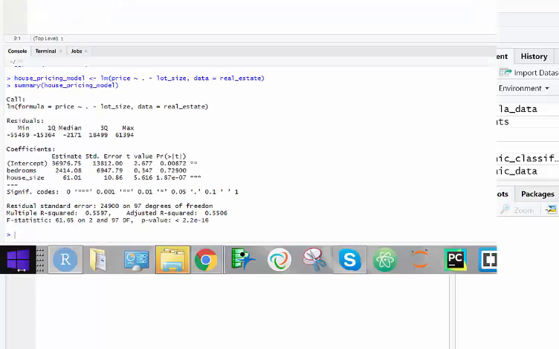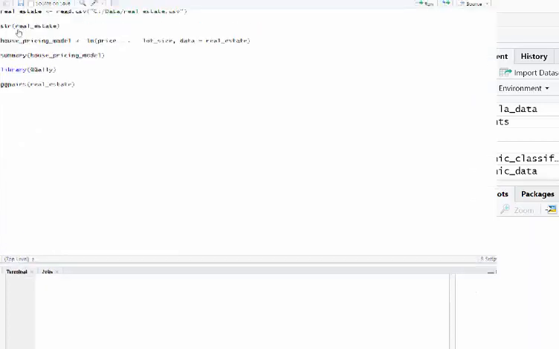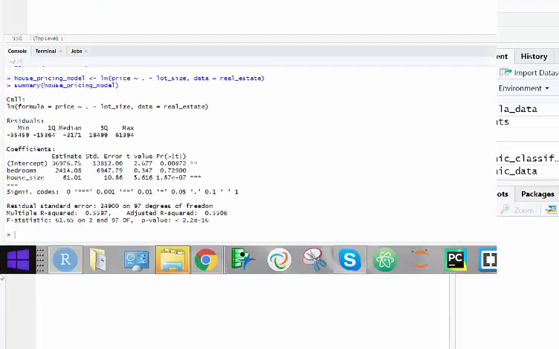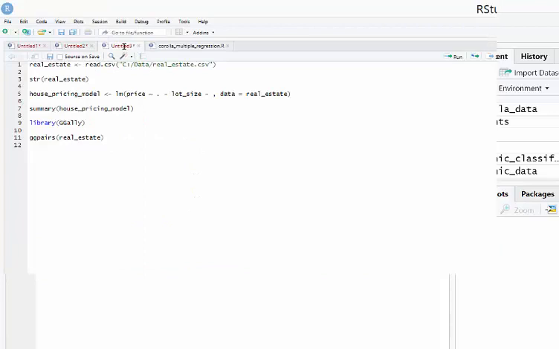And the summary says that house size is highly significant, right? I have 3 stars, but the bedroom is not, right? Plus, I know that bedrooms and house size are strongly correlated. So the next step for me would be to get rid of the number of bedrooms, yeah.